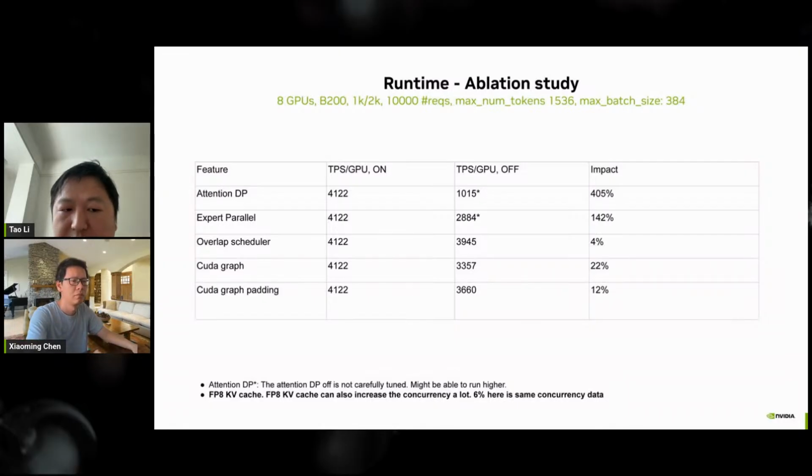That's because the CUDA graph padding will increase the hit rate of the CUDA graph, because if you do not do padding, if the batch size is not equal to the pre-captured CUDA graph batch size, it will just run in the eager mode. But if you turn on the CUDA graph padding, it will pad the input batch to the nearest pre-captured CUDA graph batch size, so that CUDA graph can be applied.